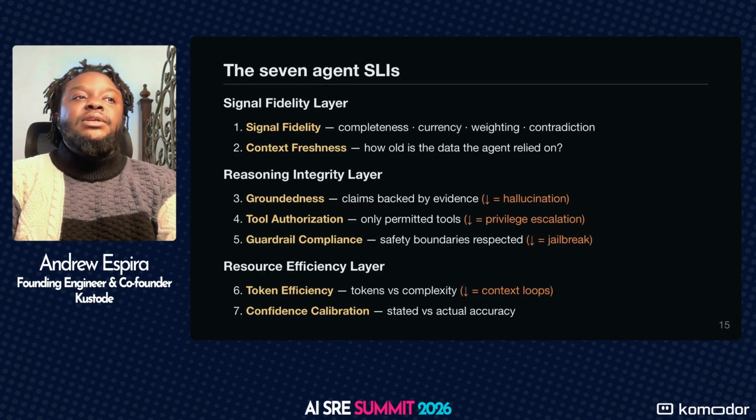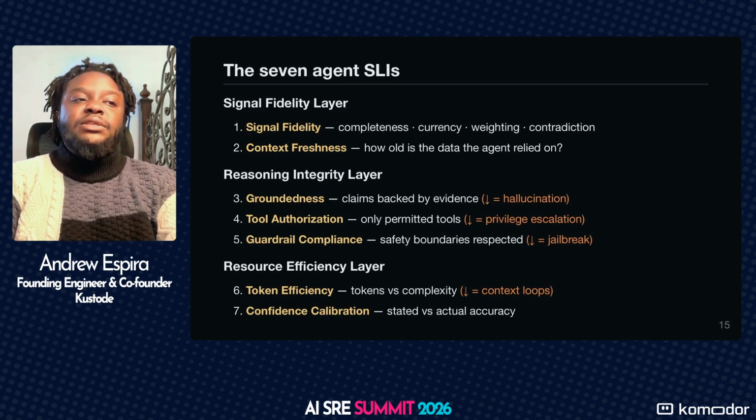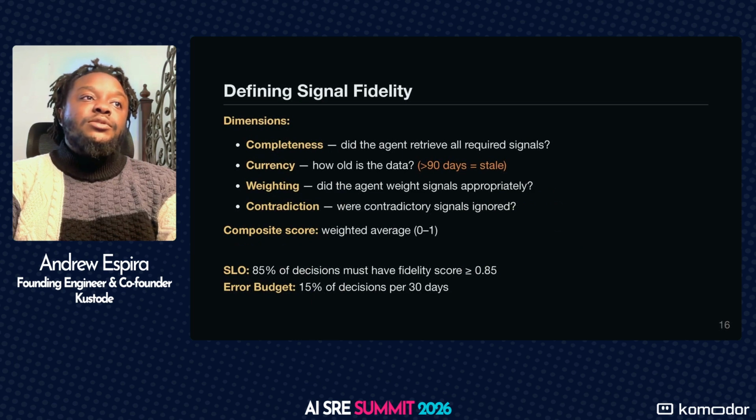We have the signal fidelity, context freshness, which is how efficiently the data is being updated, and then the reasoning layer, the groundedness or tool authorization, and then guardrails compliance: is the agent breaking the rules, like trying to call tools that it is not supposed to or trying to access data that is not supposed to be accessed. And then we have resource efficiency. You don't want your agents to be just eating your tokens within a loop.